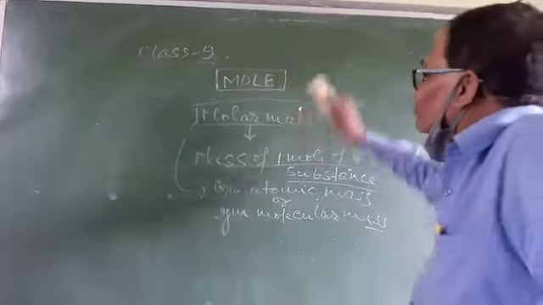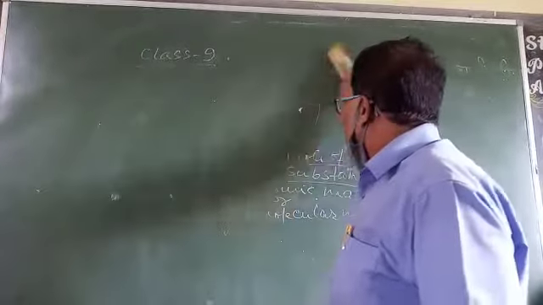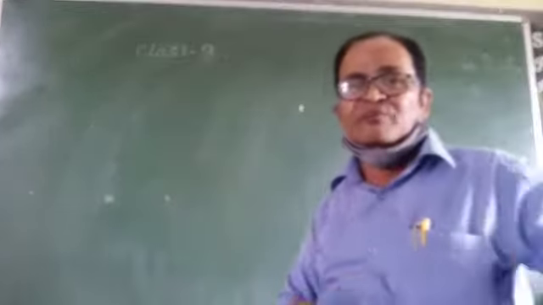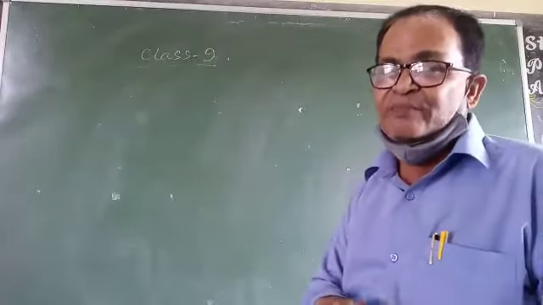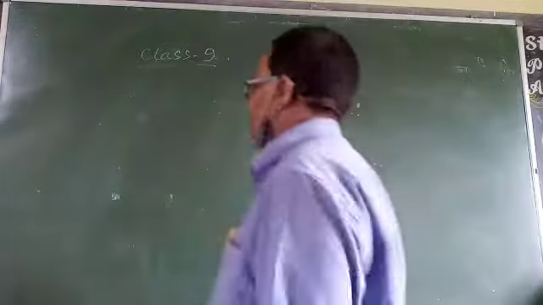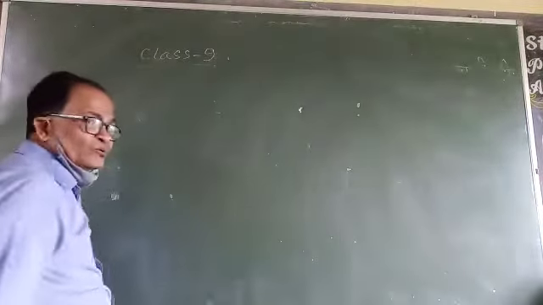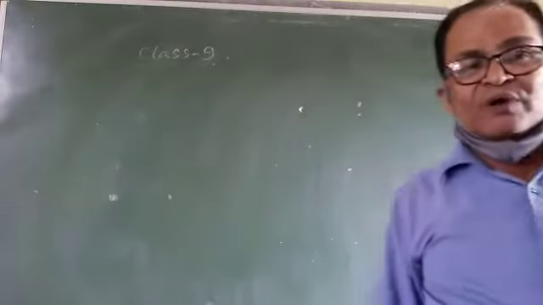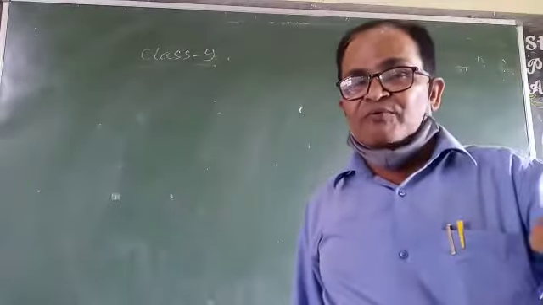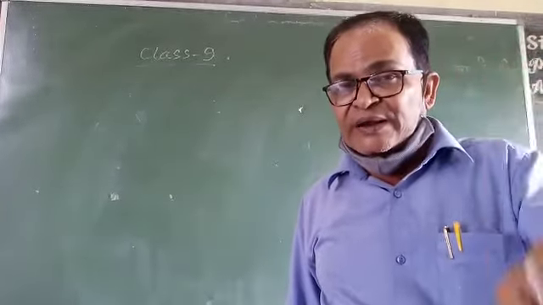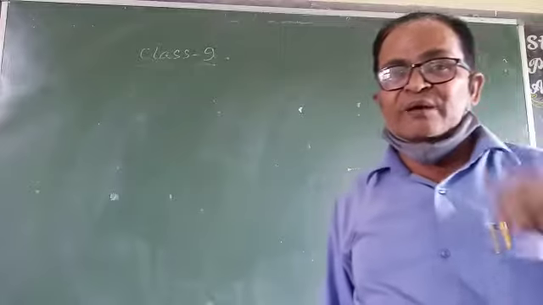In order to calculate the number of particles in a given amount of a substance, first we have to find out the number of moles of that substance. I mean to say here that first we have to calculate how many moles are present in that given amount of a substance.